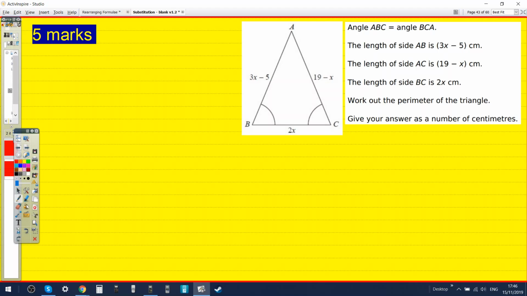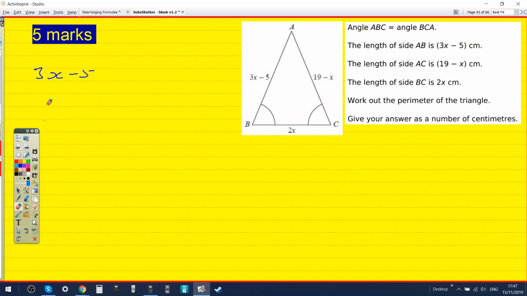As a perimeter, so simply 3x, perimeter of a triangle. Okay, 3x minus 5 plus 2x is 5x minus 5 plus 19 minus x is 4x plus 14.